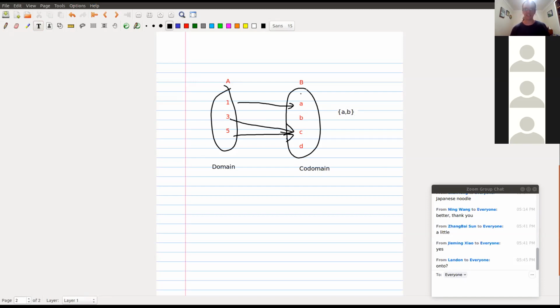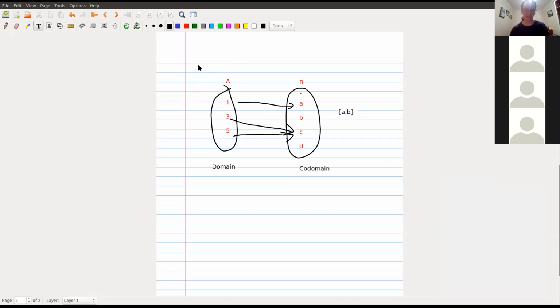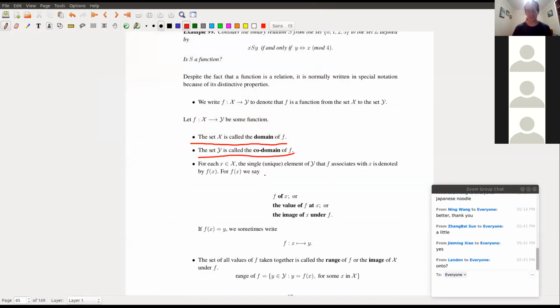So that was the image, and it's called a couple of different things. And you'll see all these mixed around. So for a single one, that's the image, and all of them together is the range, and sometimes called the image of x under f. So it's really confusing notation, really old words. Hopefully that's clear.